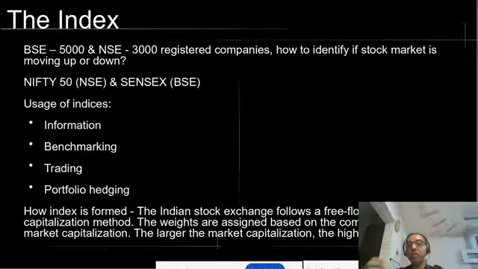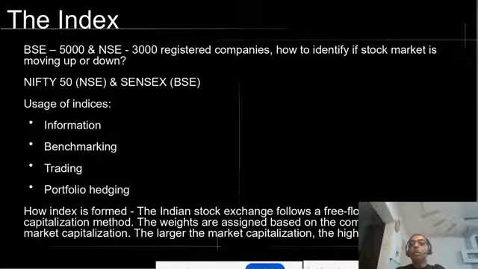People do trading on these indices. This comes in the futures and options segment, in the derivative segment, so I will cover that in the next sessions about trading. But keep in mind that the indices could be traded.